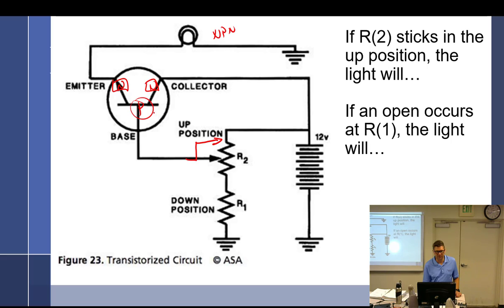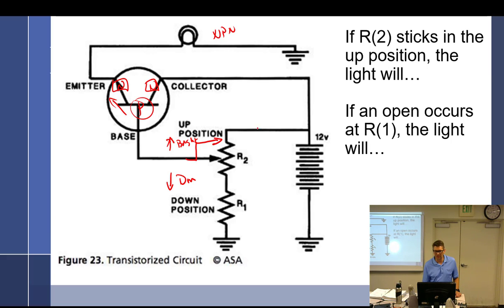This needs a positive, and we must have it forward biased to turn on. The more we come down here, is it going to have higher voltage or lower voltage? Lower. So if we bring it down, should it be dim or bright? Dim. And up then would be bright.